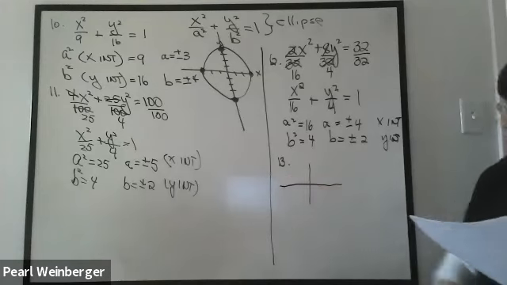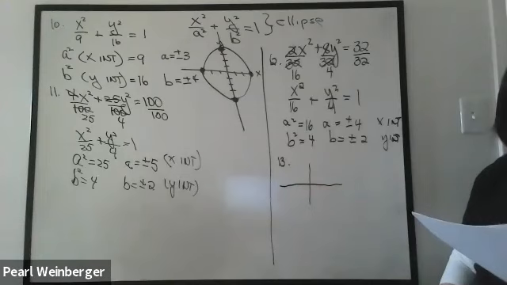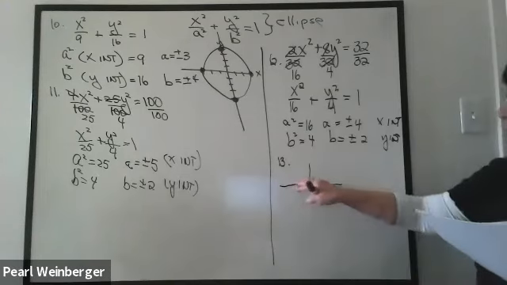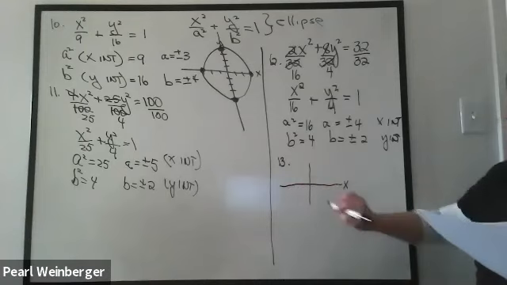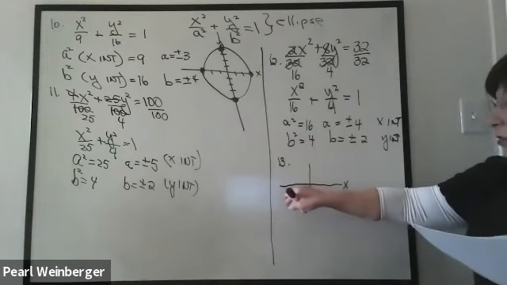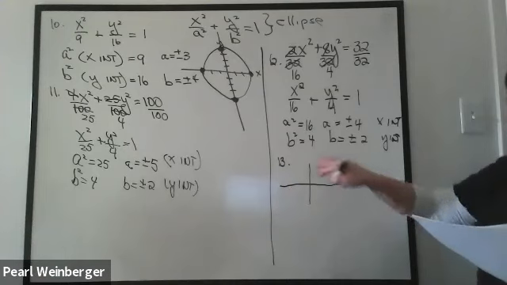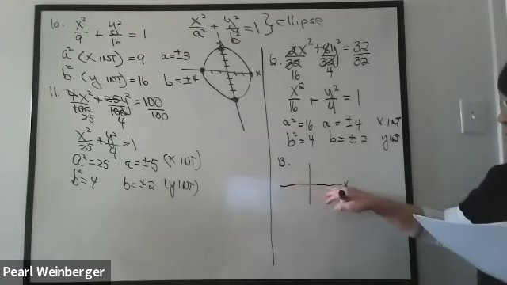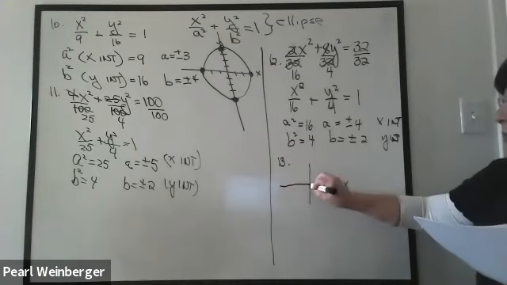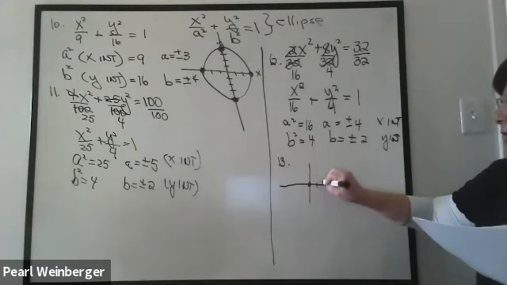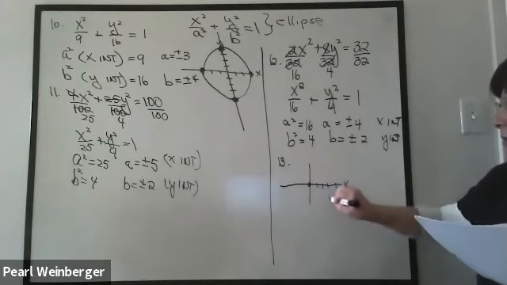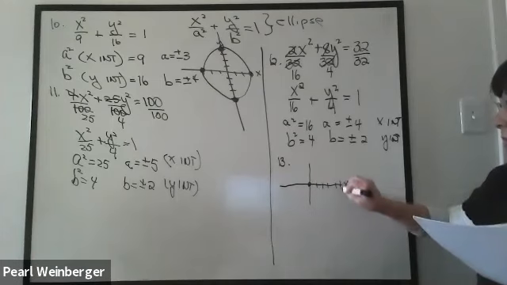Here's my graph. The major axis is 10 and is along the x-axis. That means the whole length of the major axis going from one end to the other is 10, which means that you have to be going 5 to the right, in other words, to 5, 0.